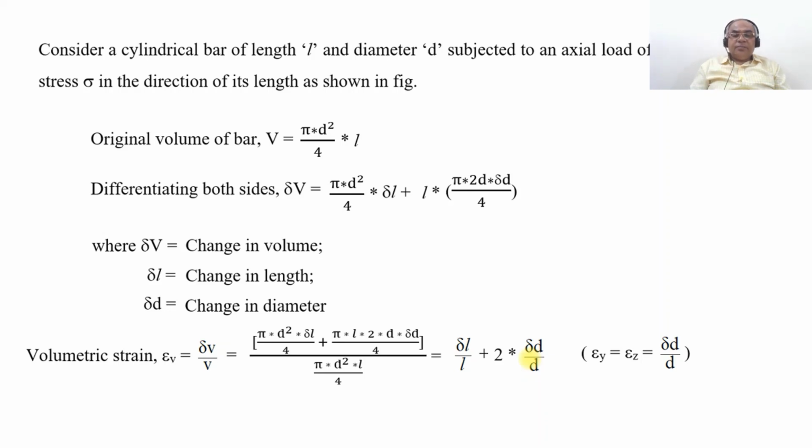Therefore, epsilon V will be equal to epsilon x plus epsilon y plus epsilon z.